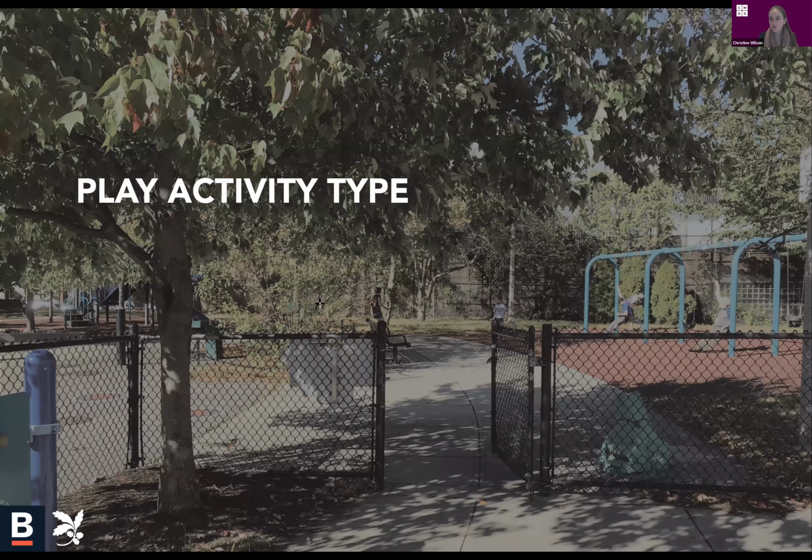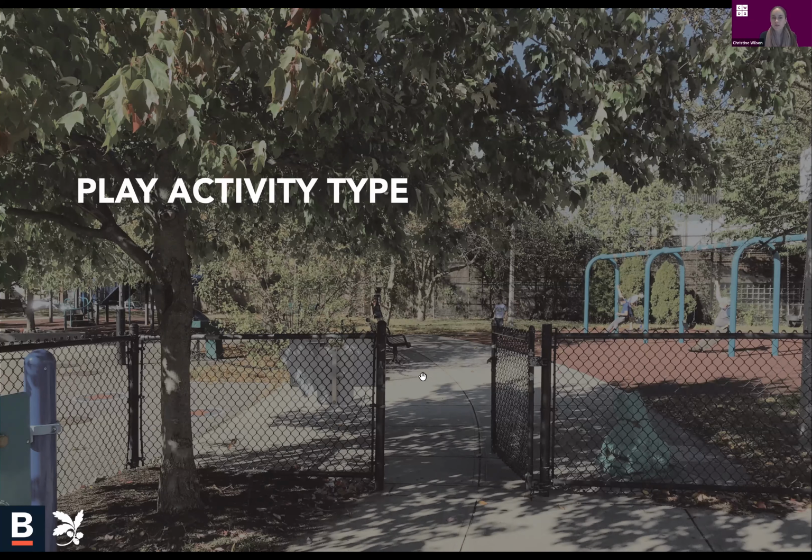So now that we've gone through the three alternatives, before we move into a discussion about them, I just want to put forth some play activity types in front of you to get the juices flowing, because no matter what scheme we end up with, we're going to want to hit on all the different types of play that are appropriate for a playground.